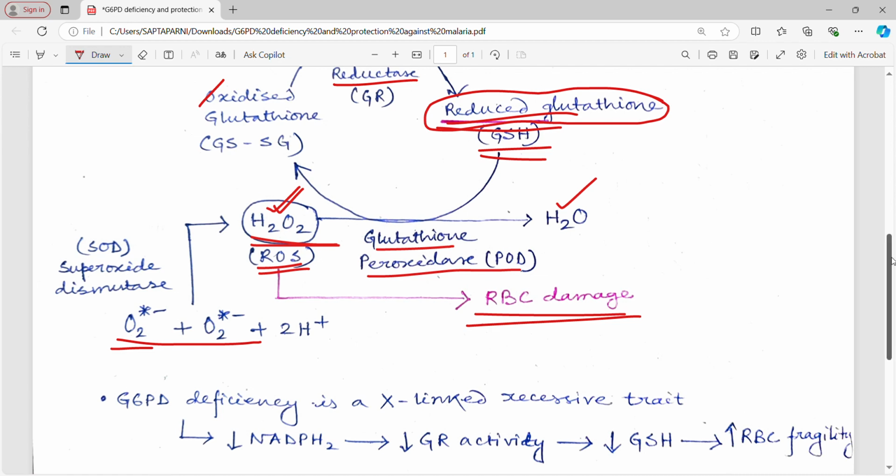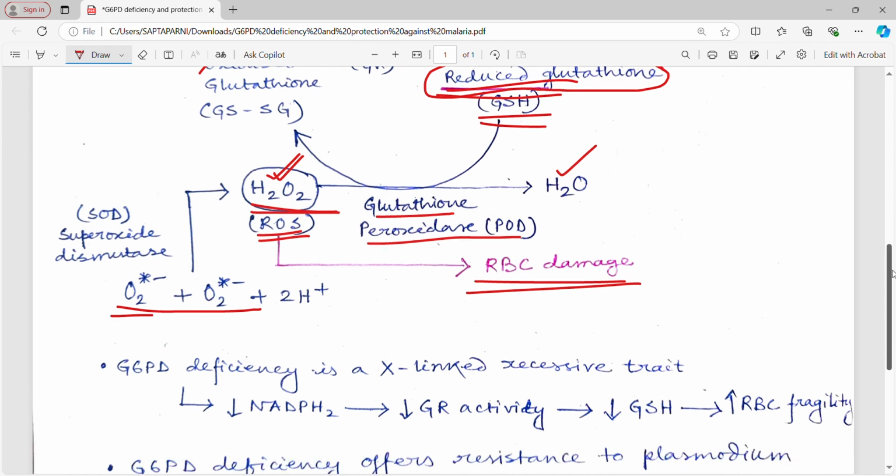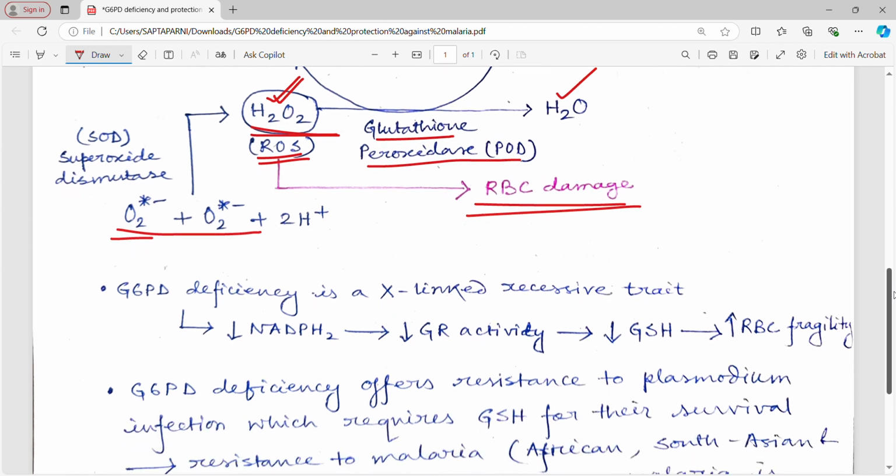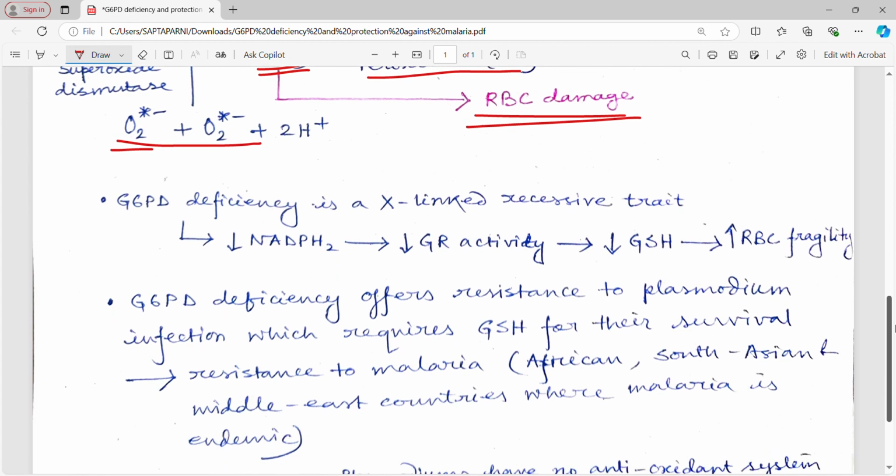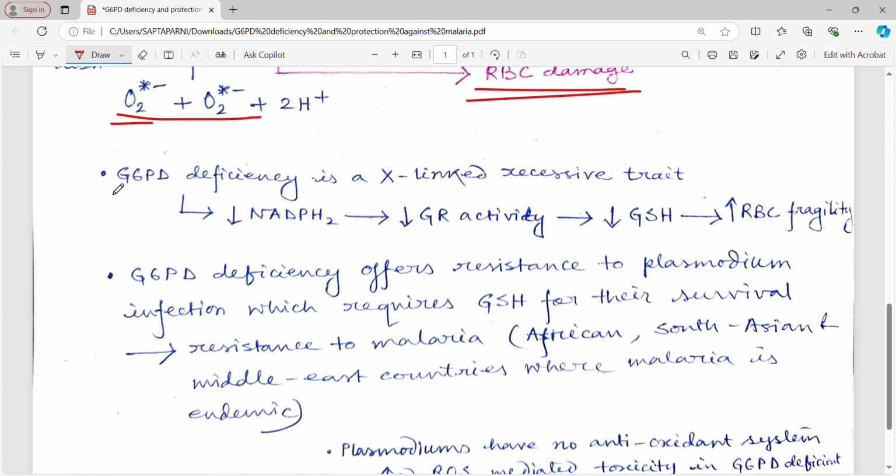Now let's take a look at how this G6PD deficiency occurs and what happens in the malaria prone area due to this G6PD deficiency. See, G6PD deficiency is an X-linked recessive trait. Okay. So, those people who have deficiency in G6PD enzyme obviously have reduced activity of the HMP shunt pathway.